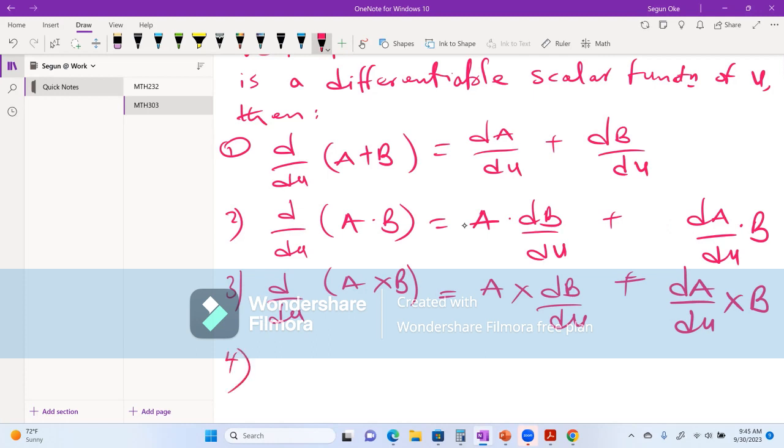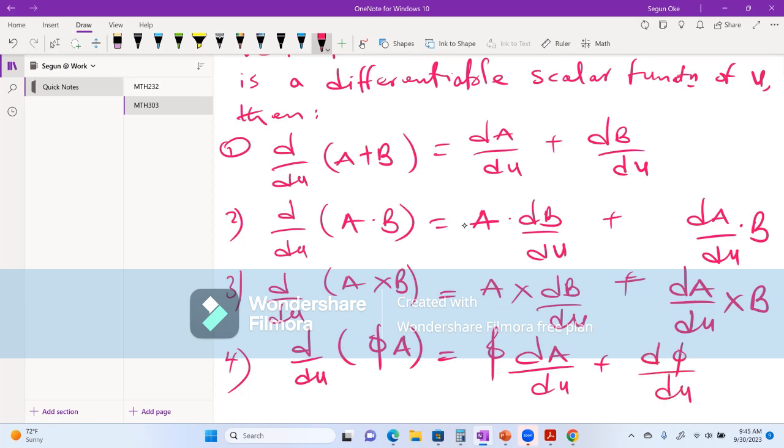Number four, when you have d/du of phi A, remember phi is a scalar, it will be phi dA/du plus dphi/du A.